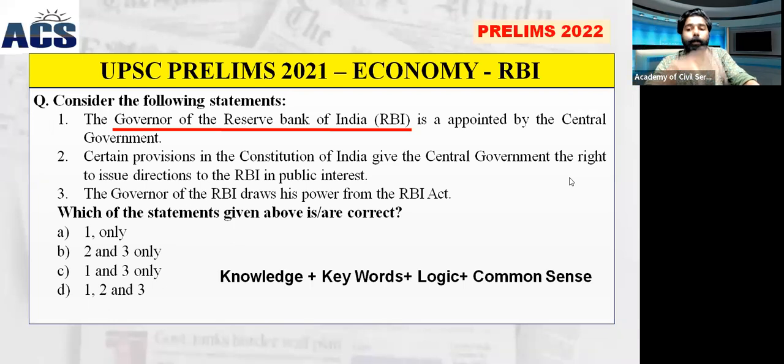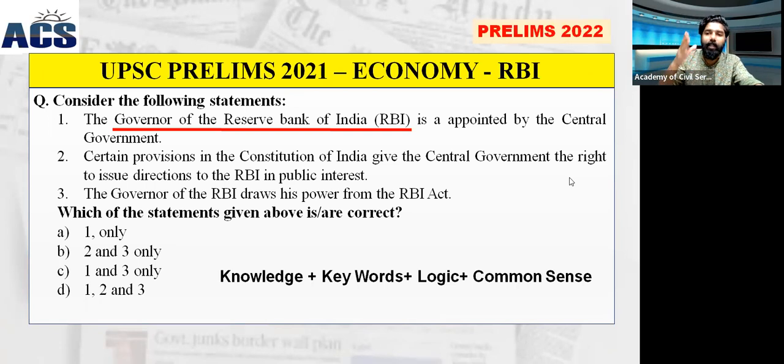Who appoints the election commissioner, who appoints the chief election commissioner, who appoints the UPSC chairperson, who appoints the National Human Rights Commission, etc. For these constitutional bodies, non-constitutional bodies, statutory bodies, the appointment is one of the important facts we need to remember, we need to study.